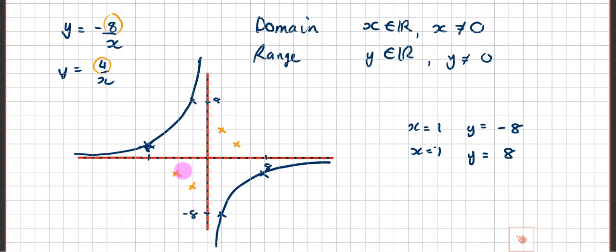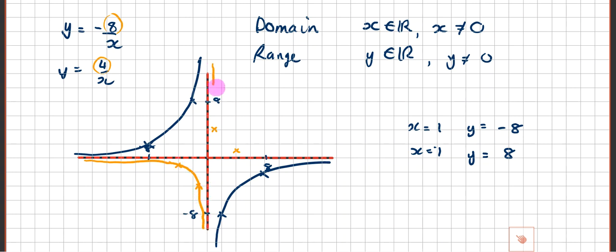Is that right? So that would be at 4, right? Oh, no, that's for the two. Yeah, sorry, even more. So that's only one line instead of two. It would be here and here, wouldn't it? Here and here. So we would have 4 over x would look like this.